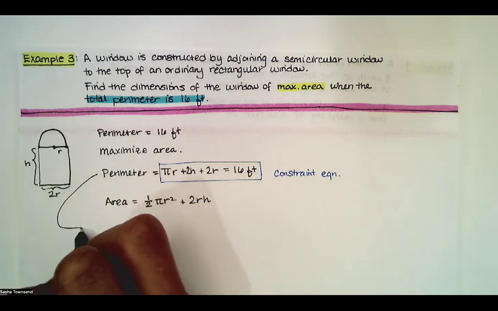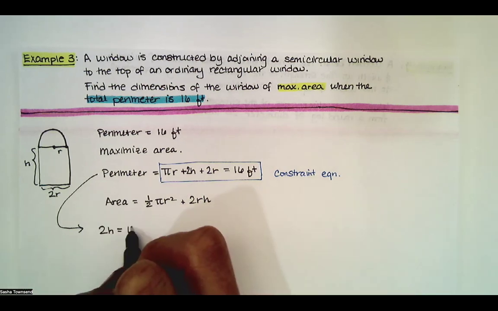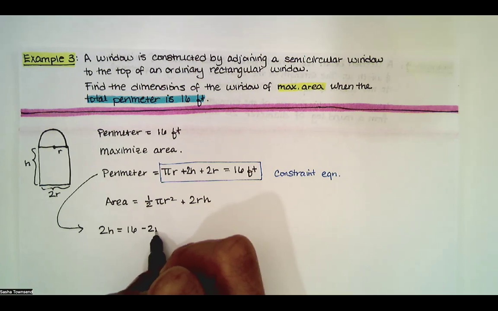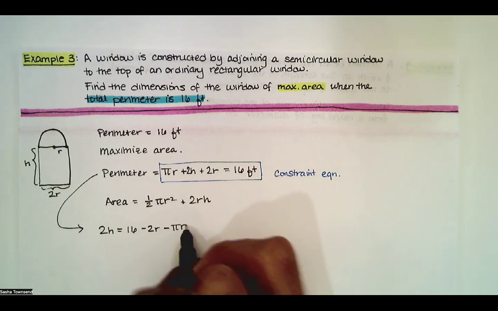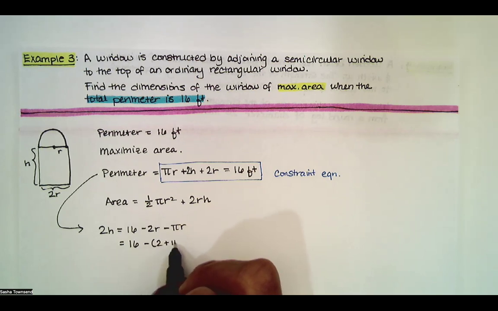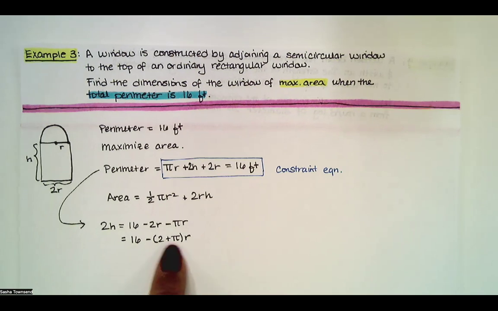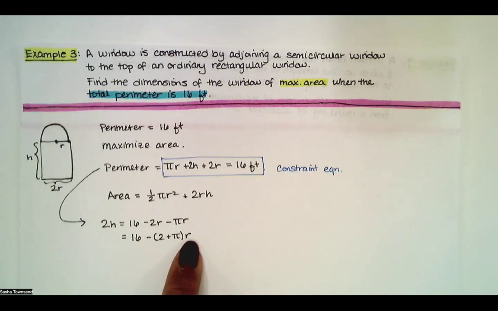So from this first part, we have 2h equals 16 minus 2r minus pi r. And if you want to, you could combine those. It's 2 plus pi times r. 2h is 16 minus the quantity 2 plus pi, closed quantity, times r.